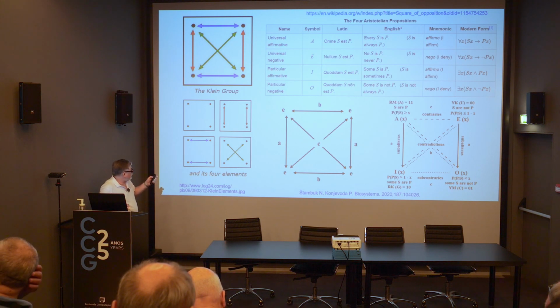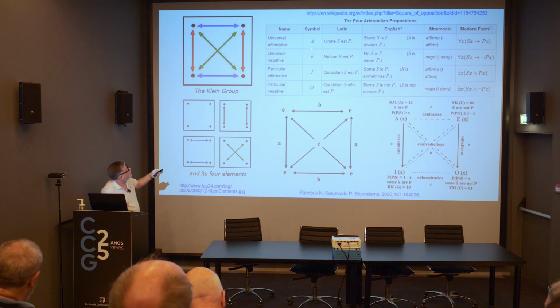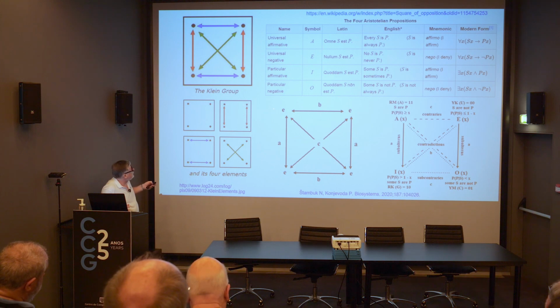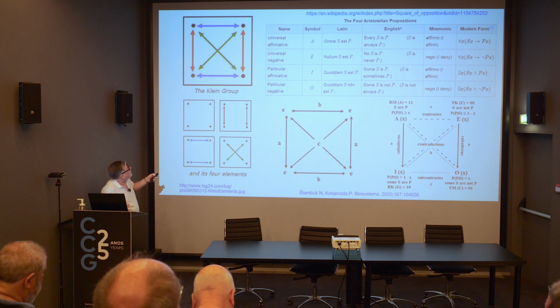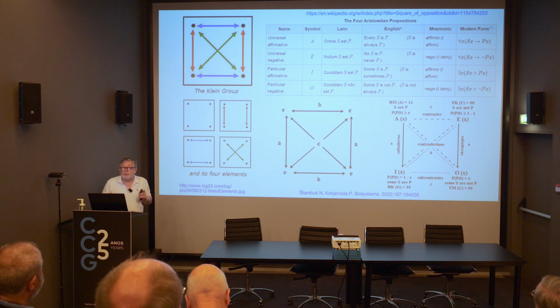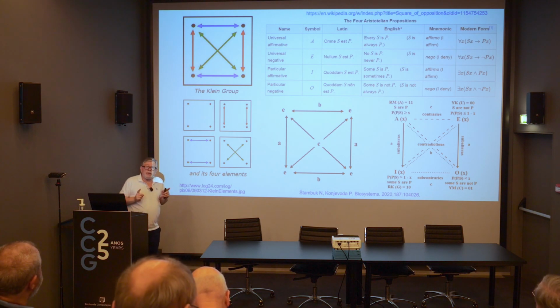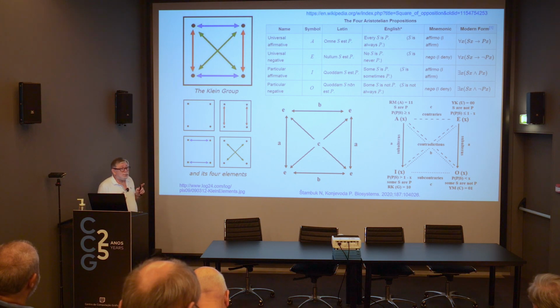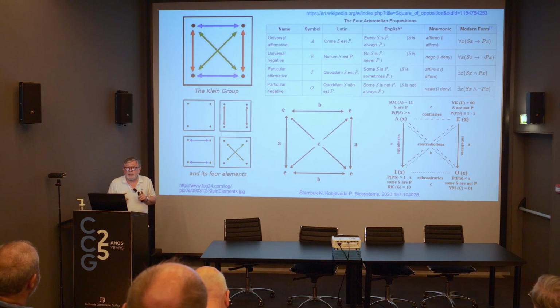So just a short thing about squares of opposition, affirmative, negative. For each of the genetic code tables, now we can calculate the position on the unit interval.